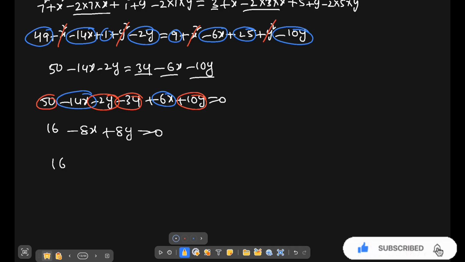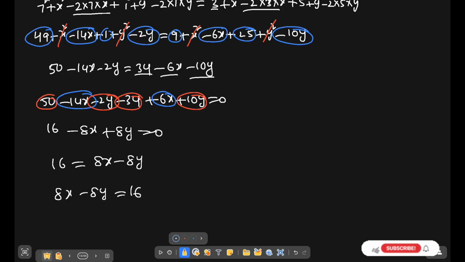Now send 16 to the right side. If you send minus 8x to the right side it becomes plus 8x, and if you send plus 8y to the right side it becomes minus 8y. Otherwise we can write it as 8x minus 8y equals 16.